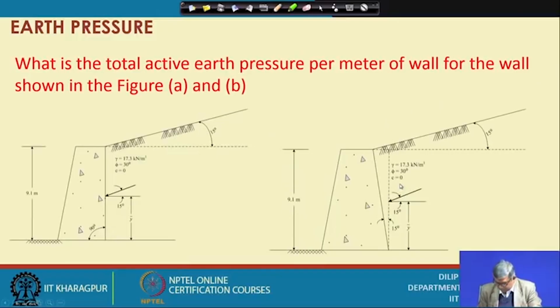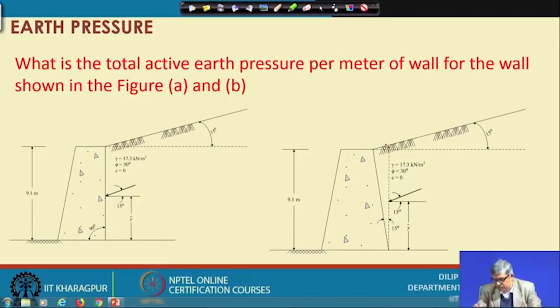So, this is another problem. You can see this is a simple application of Rankine's theory when there is a slope. As I have mentioned, if there is a vertical face like this, and if there is a back slope, then how to consider?